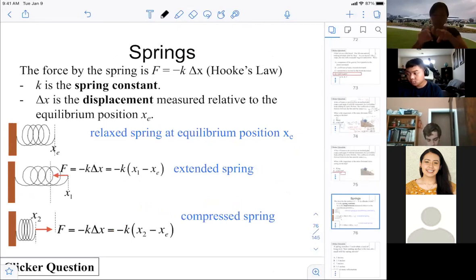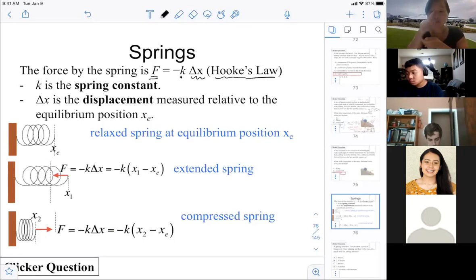And that relationship turned out to be a linear relationship described by Hooke's law, saying the force provided by the spring is proportional to how much you stretch it or how much you compress it. And there is a K, which is the spring constant. That simply is an intrinsic feature of your spring.